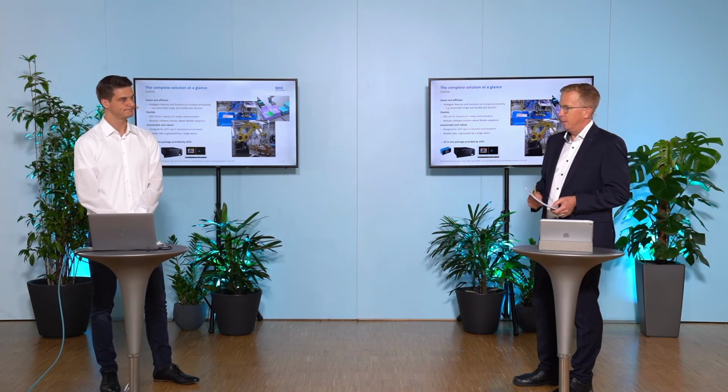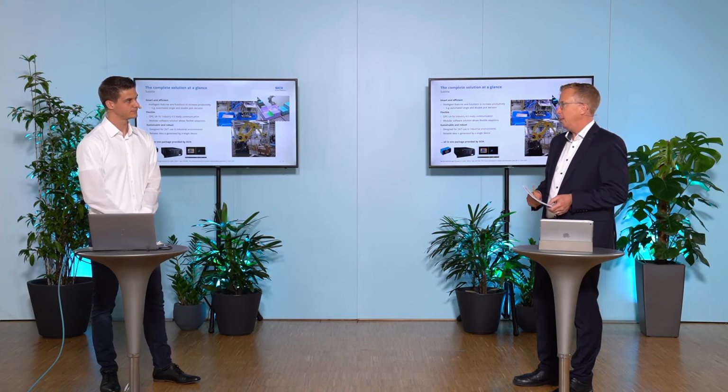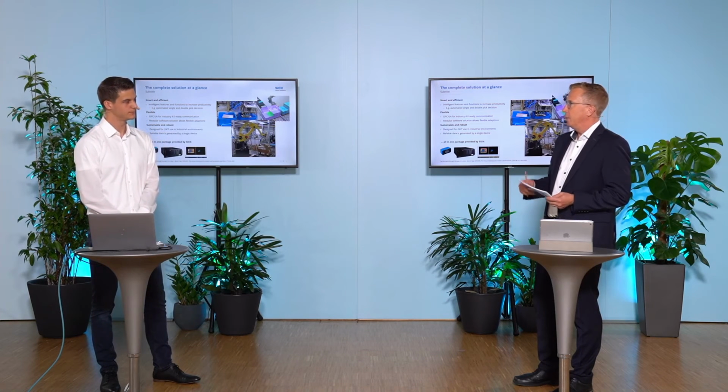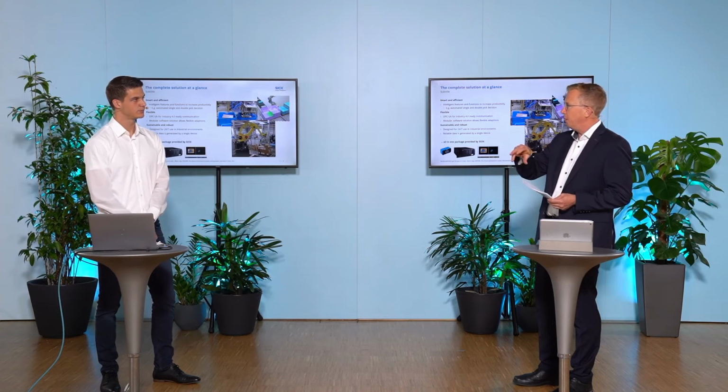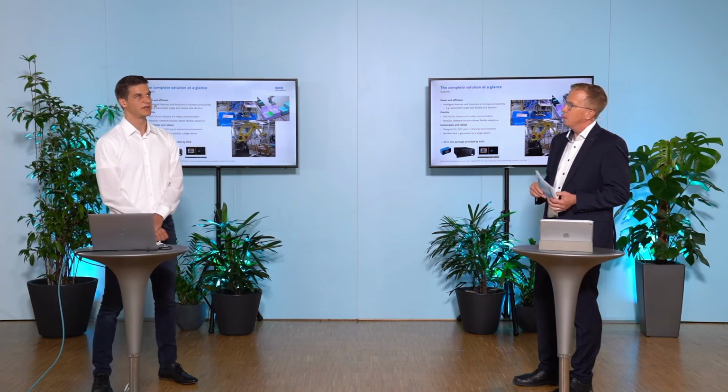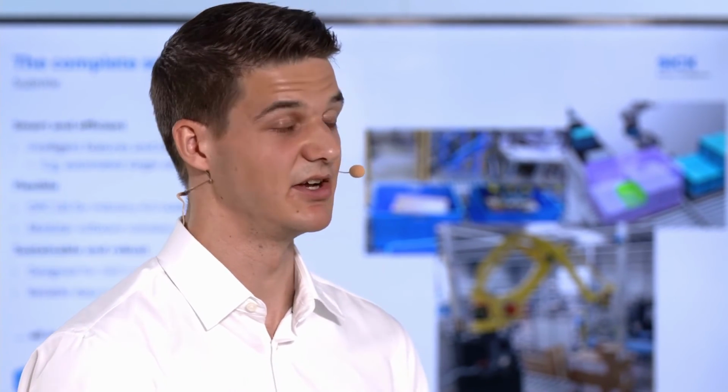He also mentioned the 2,000 picks per hour. It seems very fast. Is there a comparison to the previous version that was installed? Is there a rule of thumb, how much faster was it? It's hard to say, but if the process was done manually, this is a huge improvement.